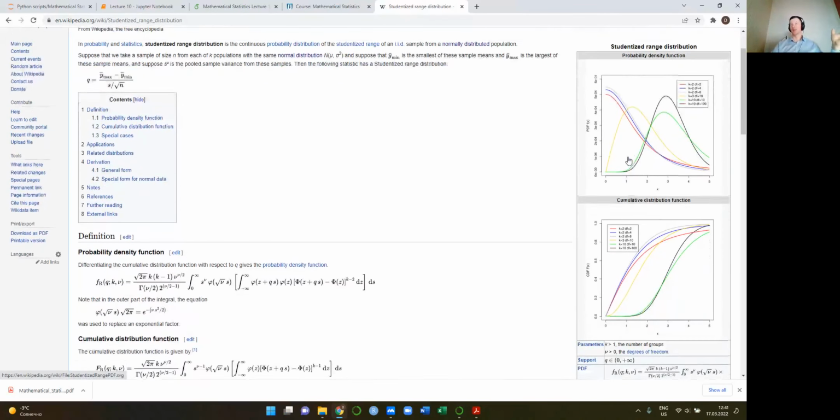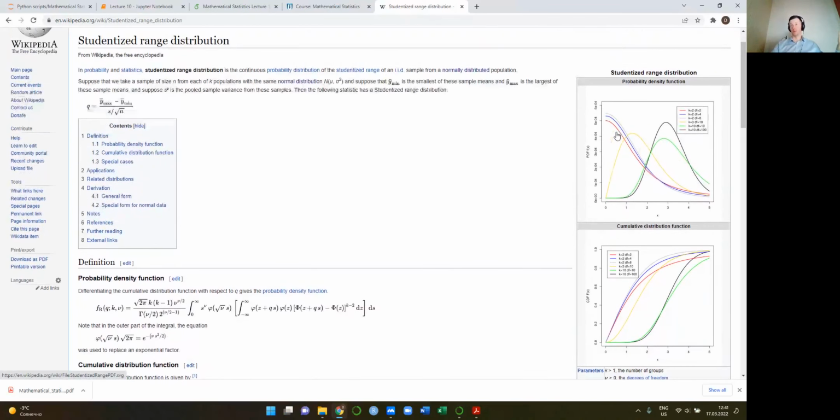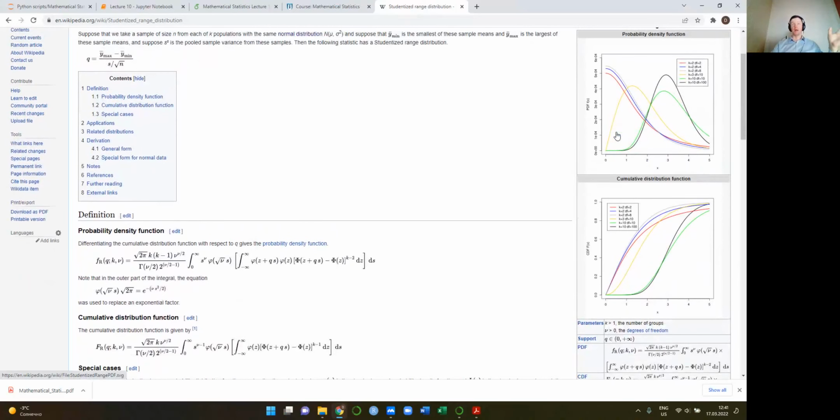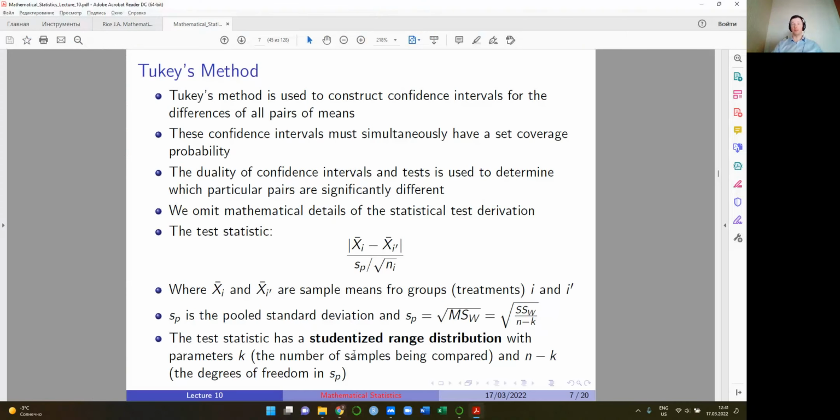As I said, this is just another type of distribution, but we work with it in a usual way. And what is this usual way? We want to find the critical or rejection region for this test statistic based on this studentized range distribution.